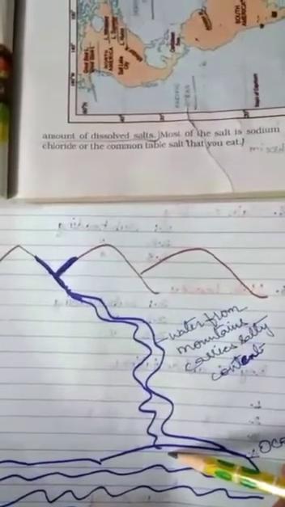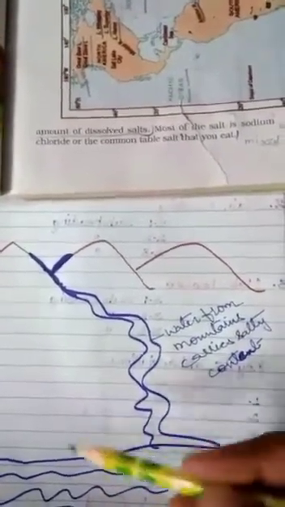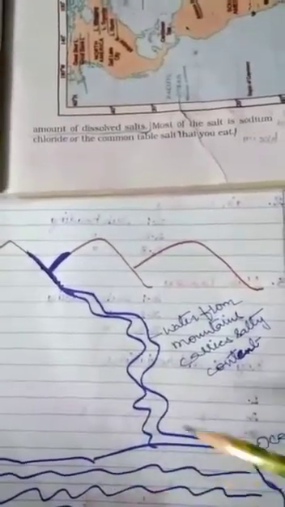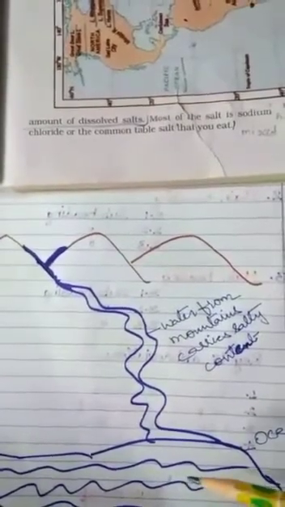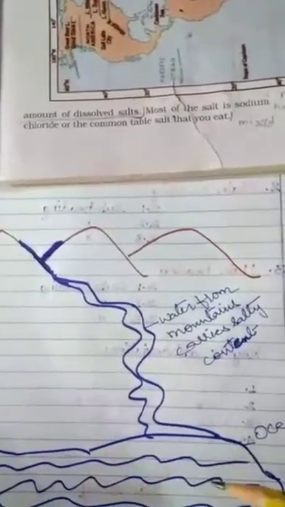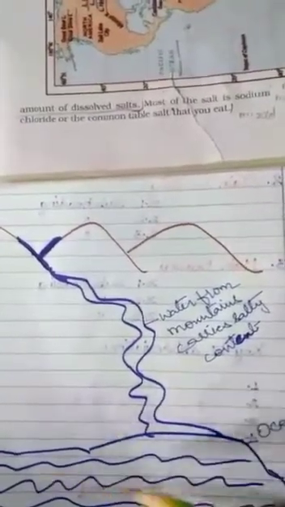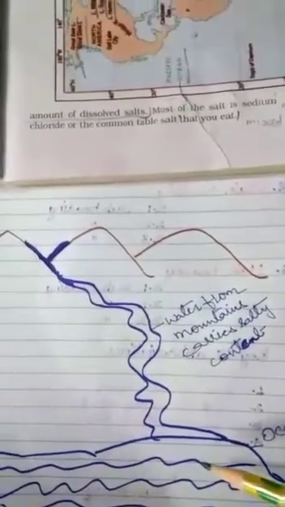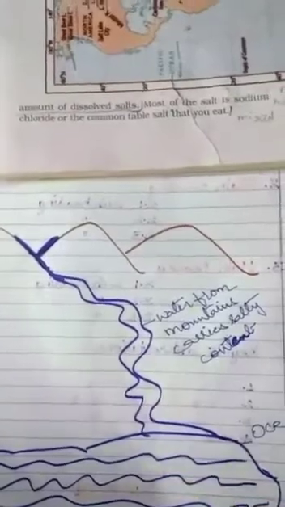This is not a process which has taken a few years, but centuries and centuries. This process has taken place and still goes on. So that's why there is more salt in the ocean water. That's why the ocean water is more salty.